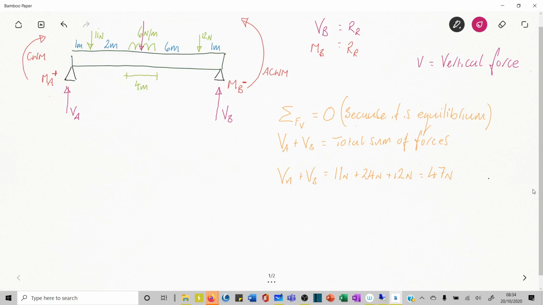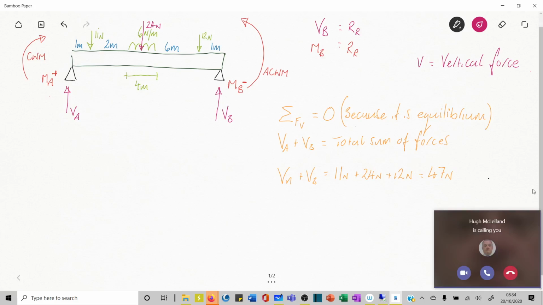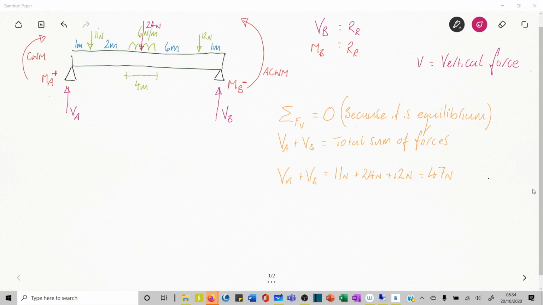We convert the UDL to 6 times 4 equals 24 newtons as a point load, through the center. That's where the 24 newtons comes from in this example.